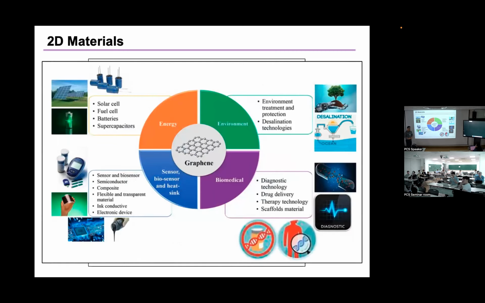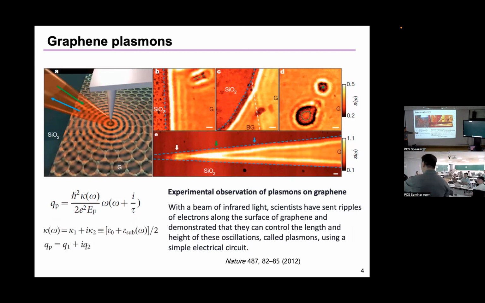Due to these outstanding properties, 2D materials such as graphene show many applications, such as energy applications, environmental sensors, and even biomedical applications. In 2012, graphene-based plasmons were discovered, published in Nature.